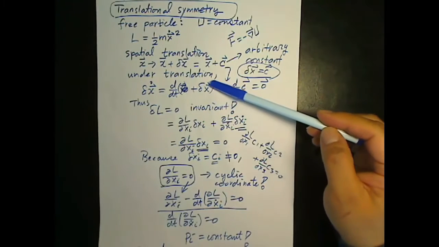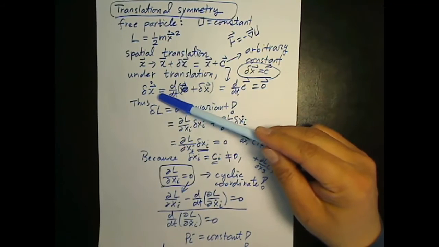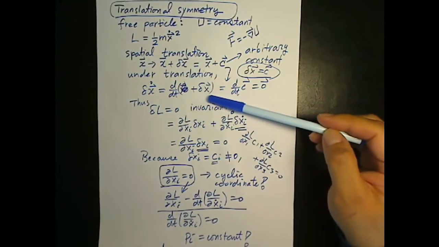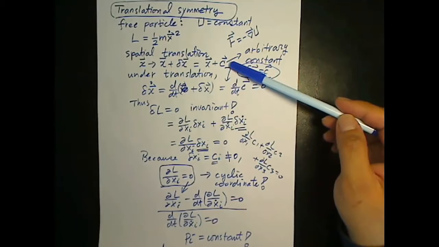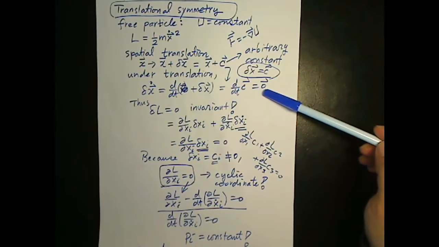Under this translation, the variation of the velocity is, by definition, the time derivative of the variation. And the variation is a constant piece for all x. The time derivative of that variation is always vanishing.